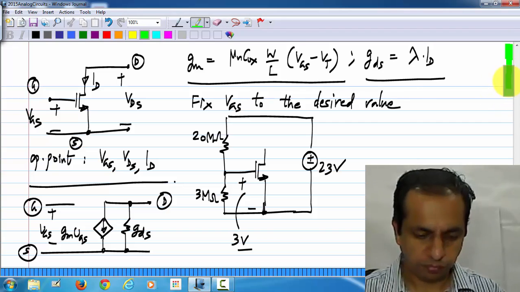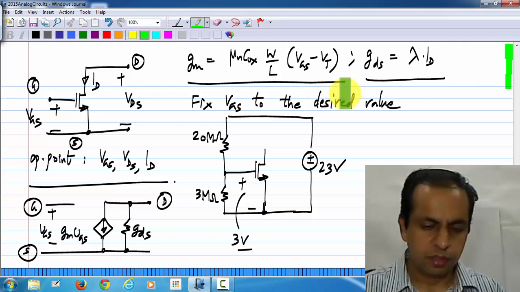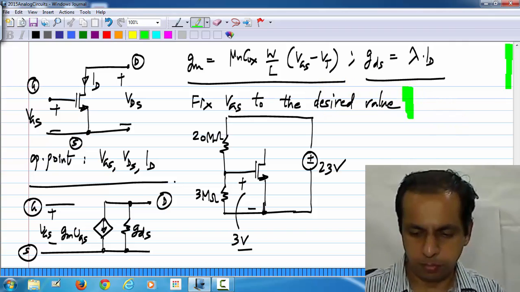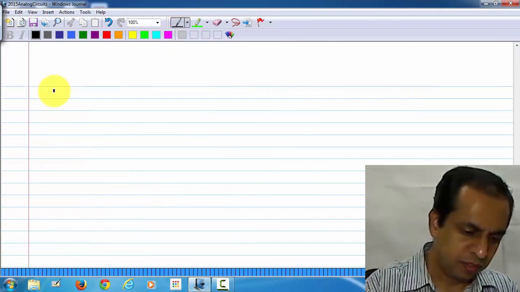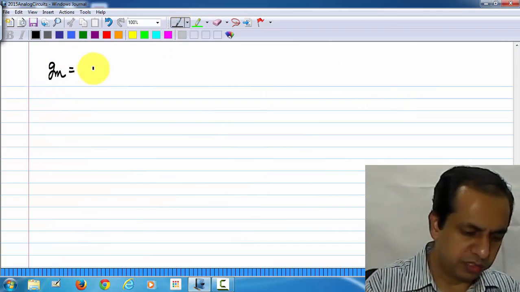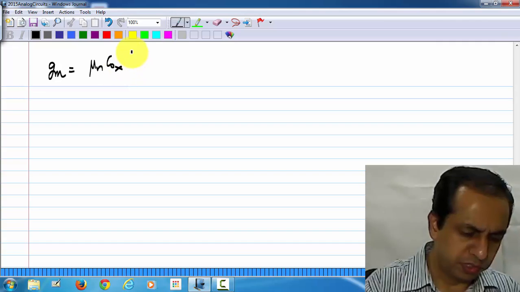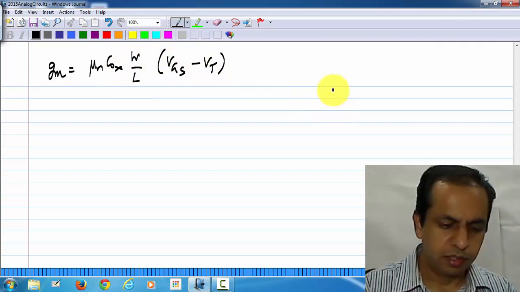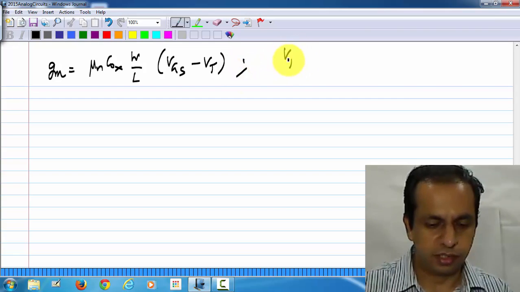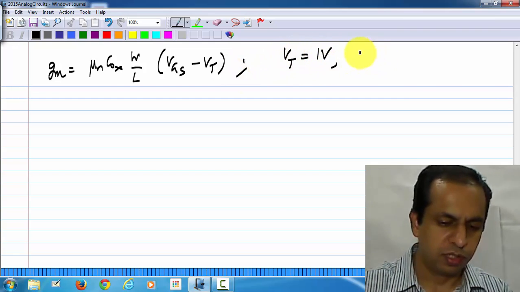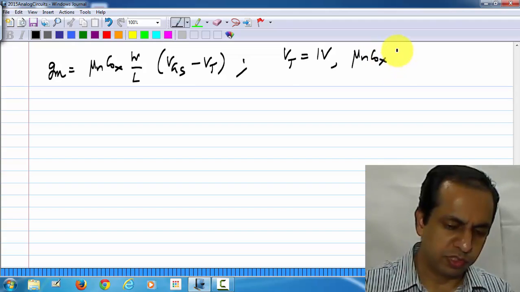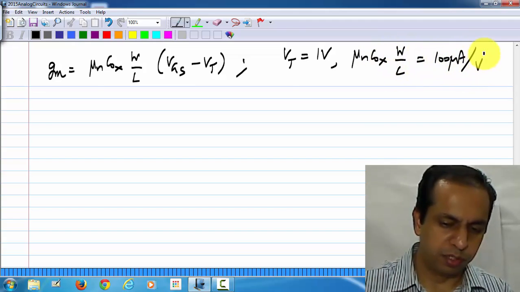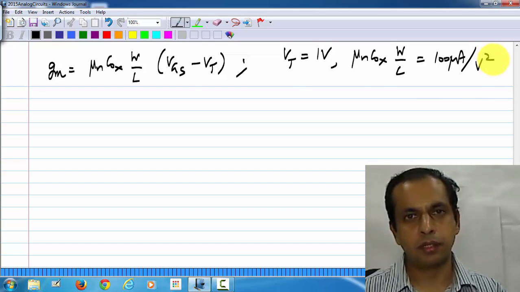So now let's see what happens with this type of setting up of the operating point. GM is mu n Cox W by L times (VGS minus VT). And as usual, I will consider the threshold voltage to be 1 volt and mu n Cox W by L to be 100 microampere per volt square.